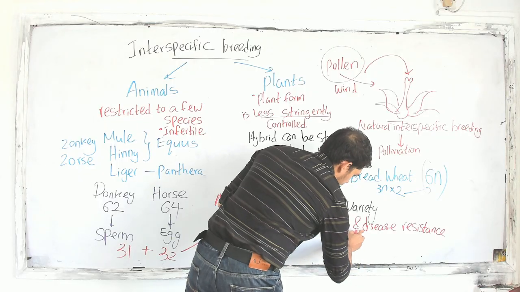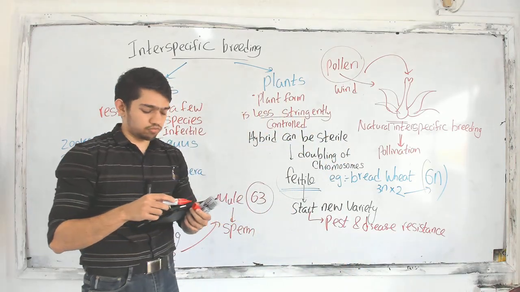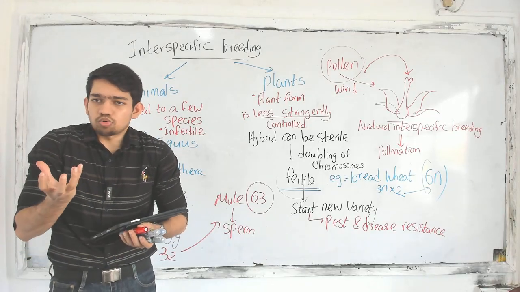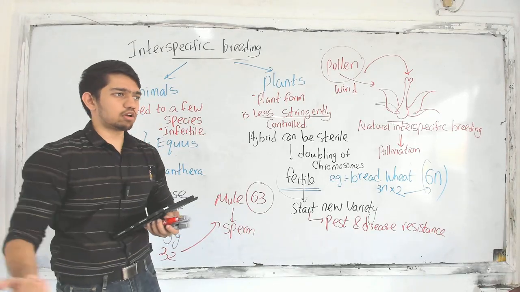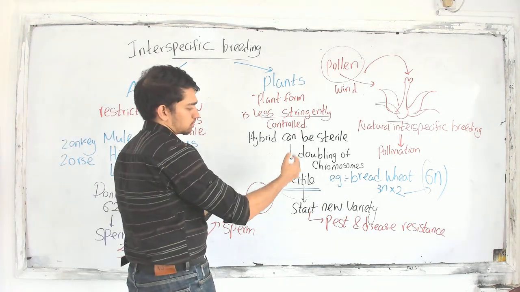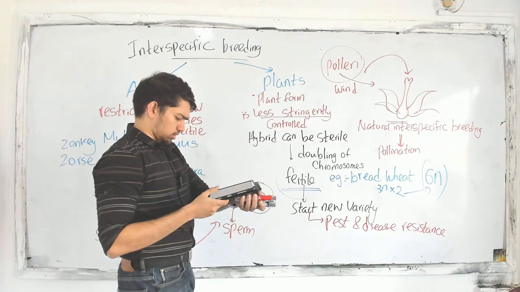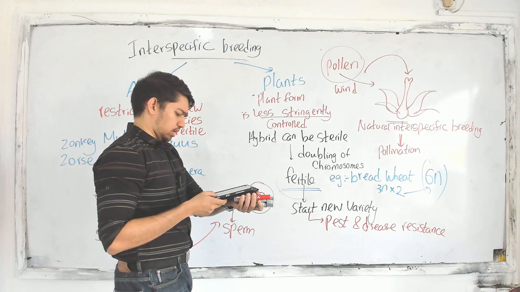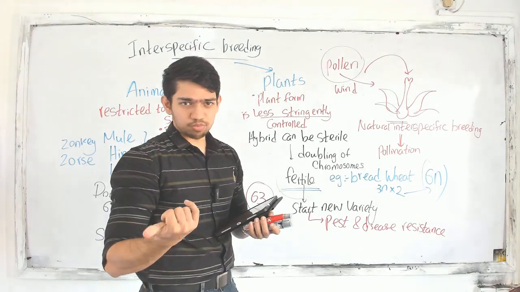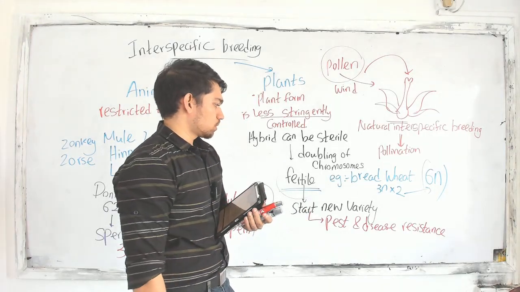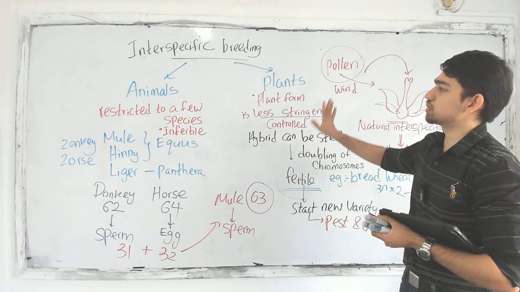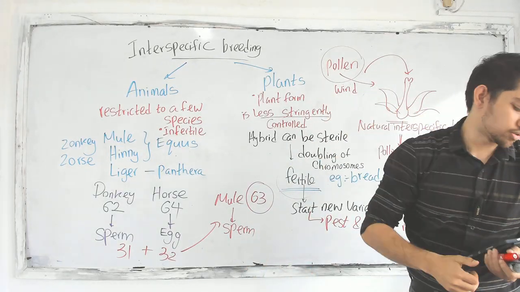The example given is winter hardiness of apple. Winter hardiness means the apple tree can survive the winter season better than the normal apple, because they have crossed Malus domestica with Malus asiatica. You don't need to remember the species names. But remember, you can get this sort of new variety by plant interspecific breeding, which is usually successful.